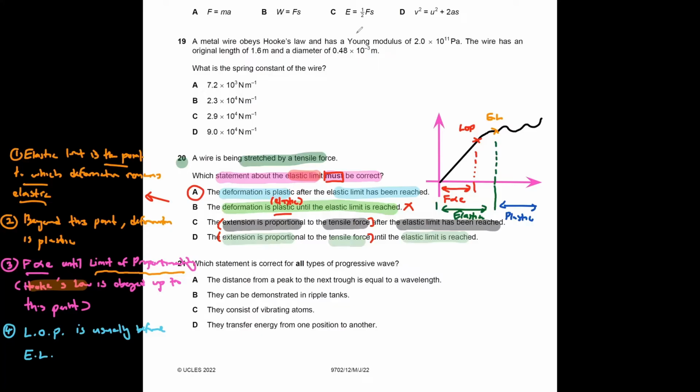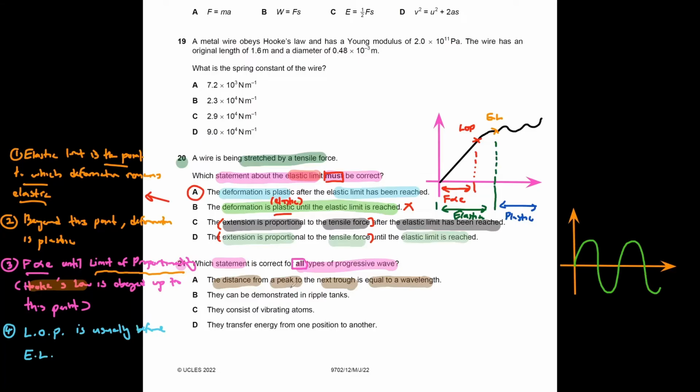Now, then you move on to question 21. Which statement is correct for all types of progressive wave? So, keyword: all types of progressive wave. If you look at the first answer statement, the distance from a peak to the next trough is equal to a wavelength. This one is obviously wrong, because if you recall how a wave looks, it has this wavy pattern.